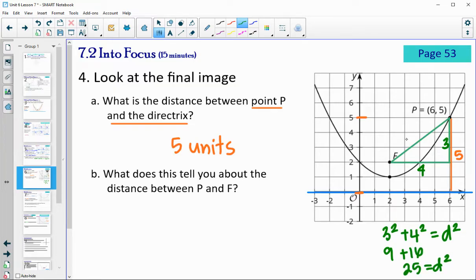Square root that, and we end up with 5 here as well. So we could maybe just guess that it was the same, and then you can actually also confirm there that it is the same distance. So P to F and P to the directrix are both 5 units.